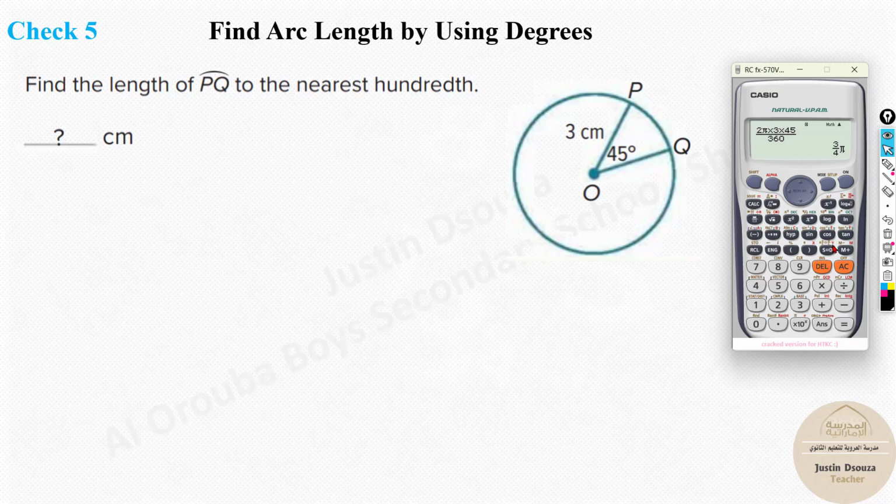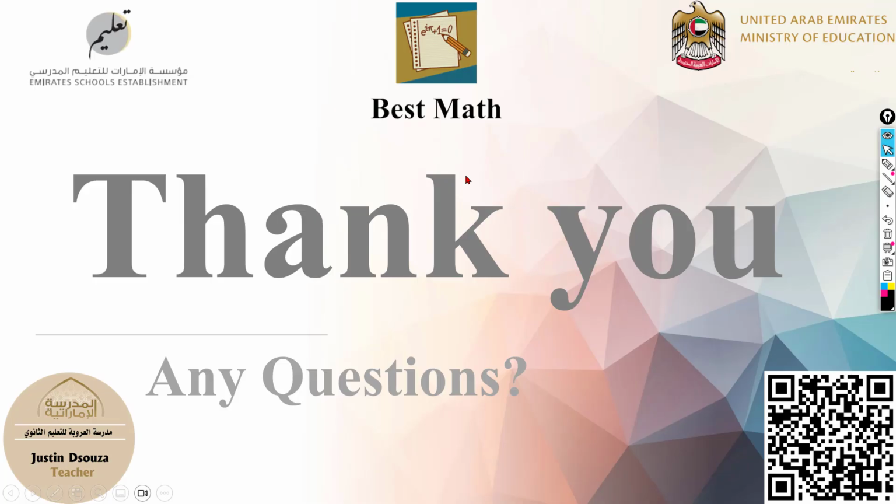That must be the answer. It's 3/4 pi or 2.36, because nearest 100. Or just convert this 45 degrees into radians, and then multiply it with 3. That would be your answer as well. So this is how we can easily solve it.